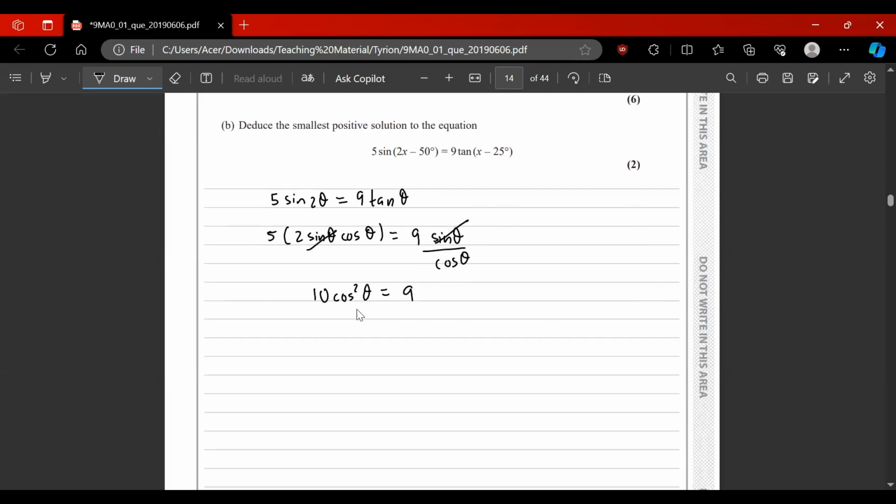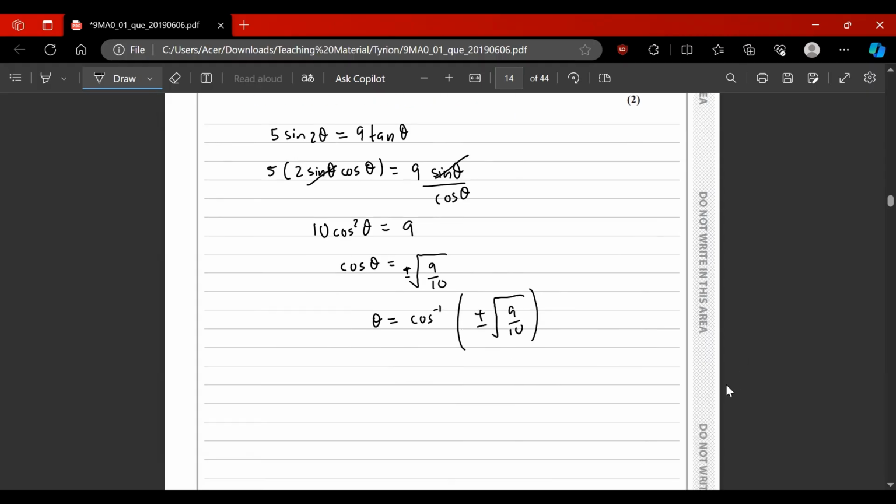Right, so now I can solve for cos theta. So cos theta would be equal to plus or minus the square root of 9 over 10. Remember, this is plus or minus. And therefore, theta will be cos inverse of plus or minus the square root of 9 over 10.